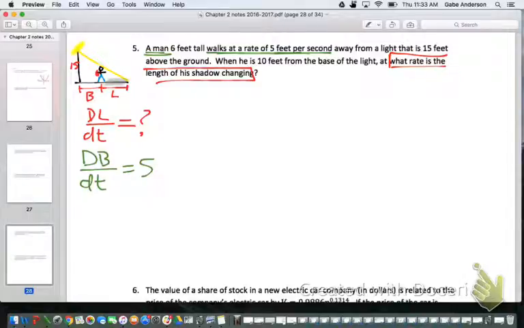I'm just wondering how you got the dB/dt. It's all based on how we labeled it, right? This gets a little bit deeper, but it's a fair question. This man's speed or velocity is 5 feet per second. Don't we have to judge how fast he's walking based upon a reference frame that is not moving?